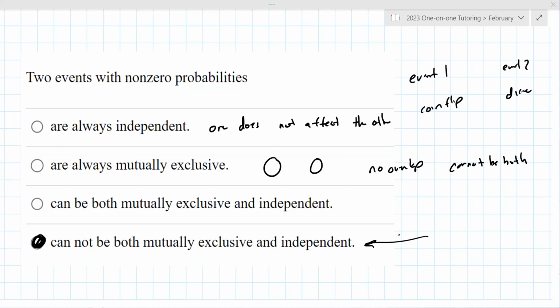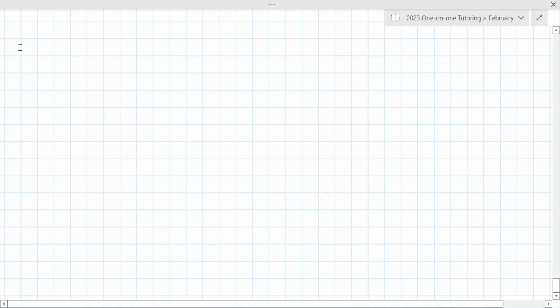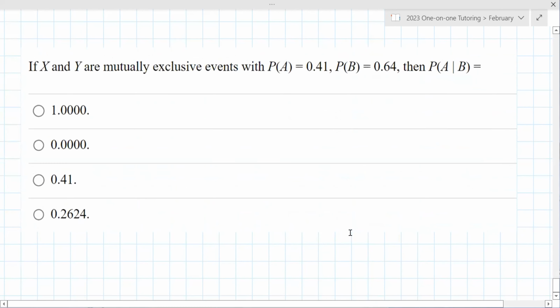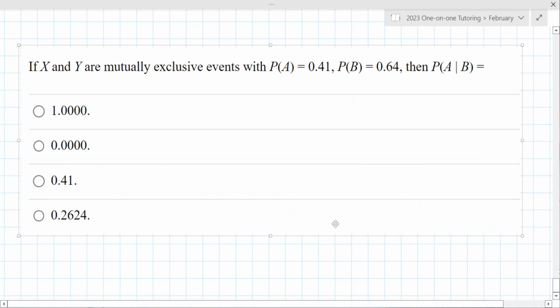All right. This kind of may answer it here. If X and Y are mutually exclusive, actually you can tell your teacher there's a mistake here. It should be A and B. Oh yeah.